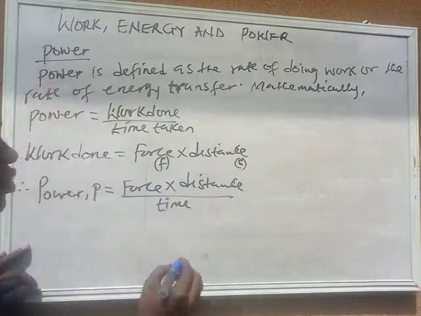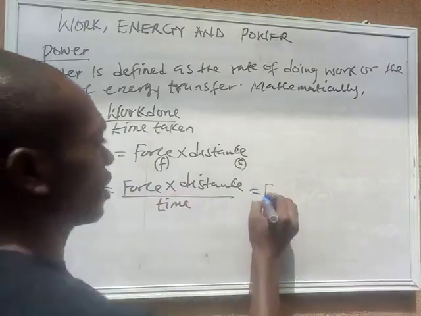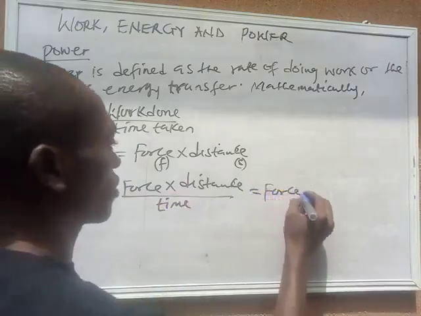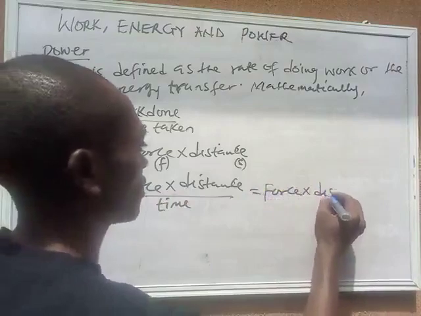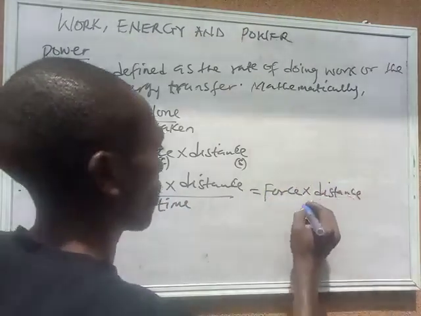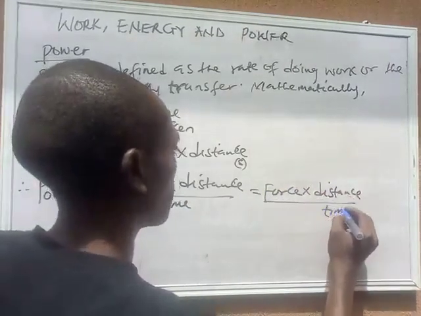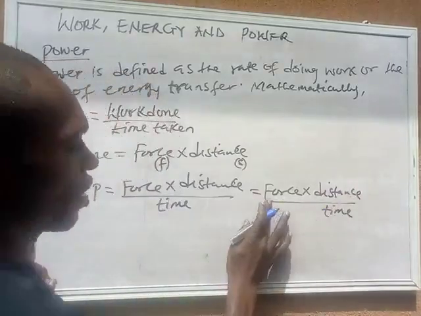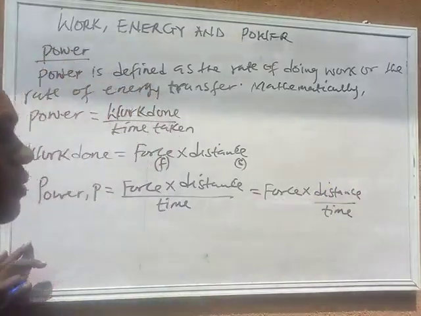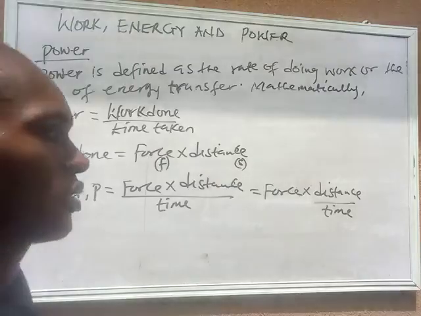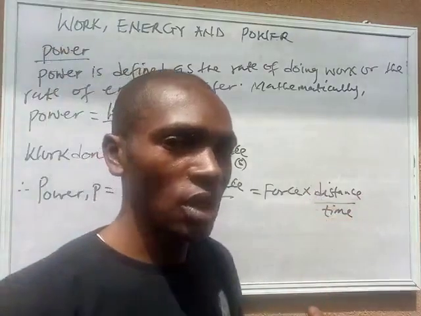Now you can write this in a different way. You can have it as force times distance over time, and you know that distance over time is the same thing as speed.